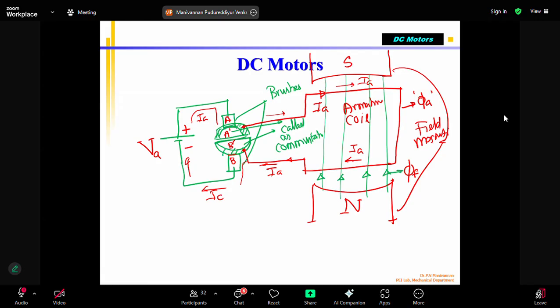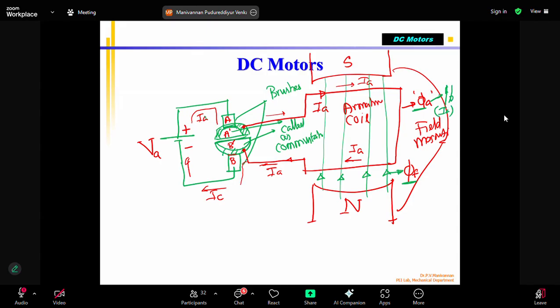This is phi F. Now, one magnetic field is created by the permanent magnet, which is the field magnet with phi F. The other is because we are supplying voltage, so there's a current flow IA, which creates phi A. The phi A will vary if IA varies. It will increase or decrease depending upon IA. If IA is increased, the phi A value will increase. Already we talked about this, since there is a single turn.